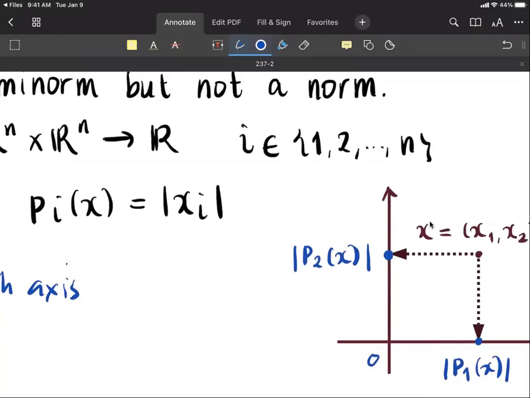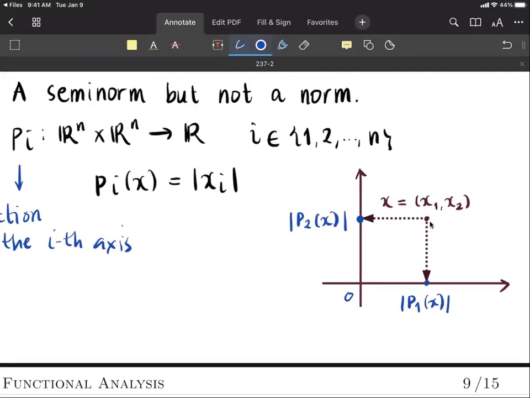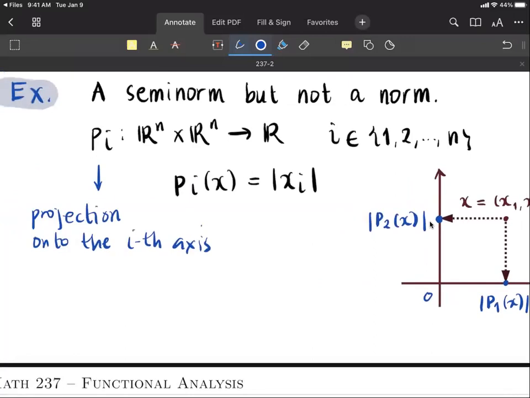Well, this is not a norm. For instance, you could see that the kernel of P sub I, well, this is not a linear, so let's just say the null set of P sub I. So P of x sub I is equal to 0 if and only if x is an element of the following set.